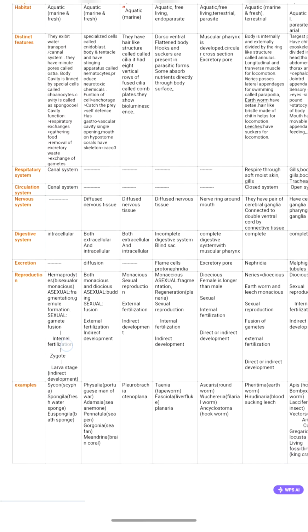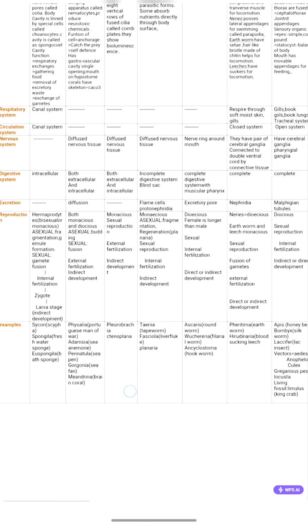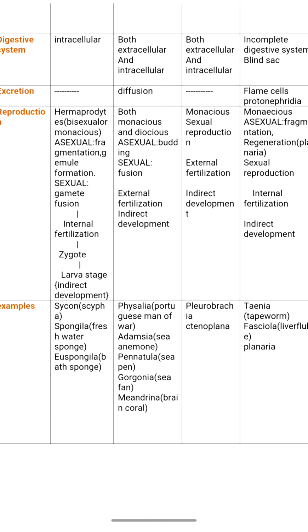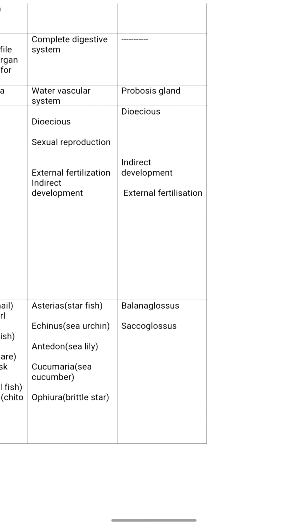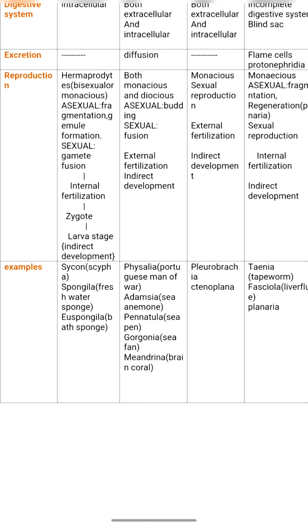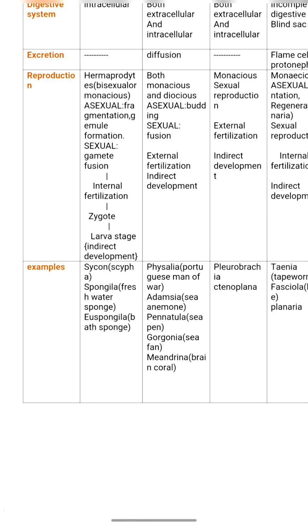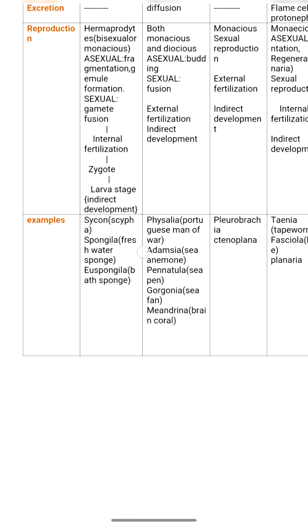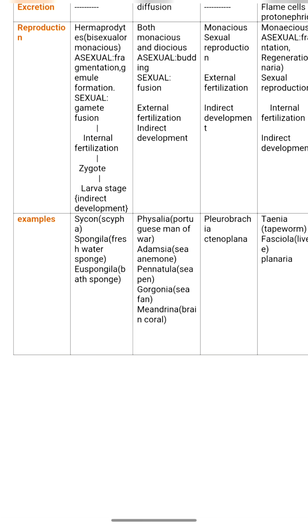As for examples, I'm not going to go through them in detail, because they are already in the NCERT textbook. This is not anything special; I have separated them like this so you can easily remember. Once, let me just tell you the examples for Porifera: Sycon, Spongilla, freshwater sponge, and Euspongia, bath sponge.